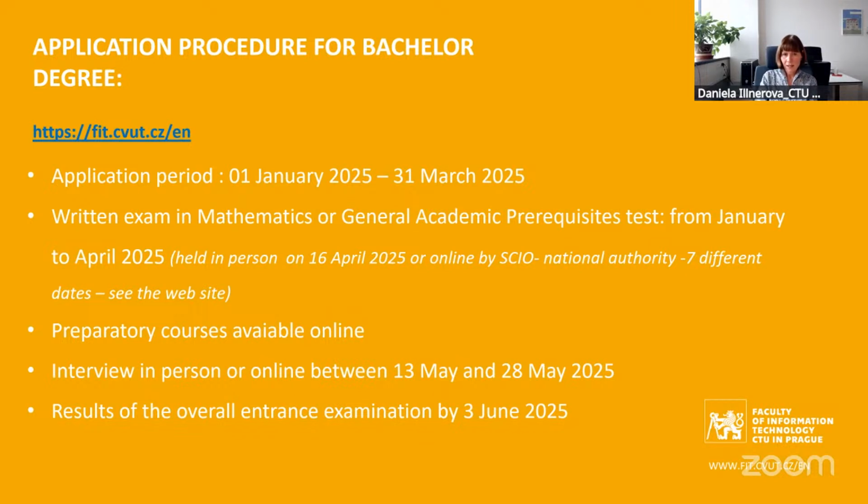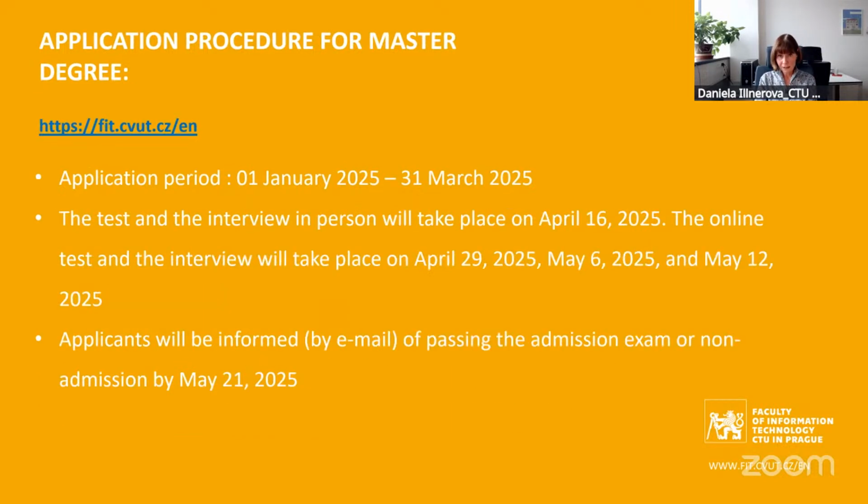And then I will go to master degree. Application period is the same as for the bachelor degree. It means the end of March is the deadline. Physical written test and also interview differs now from the process for bachelors.